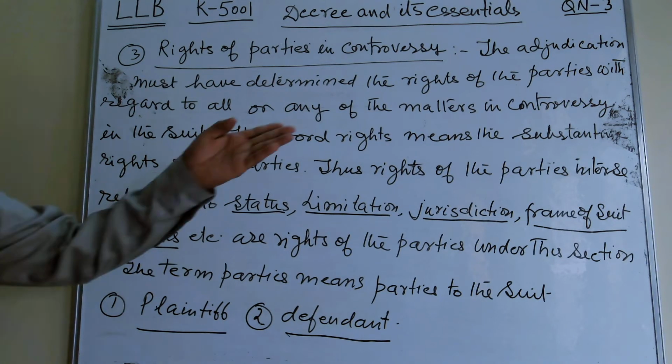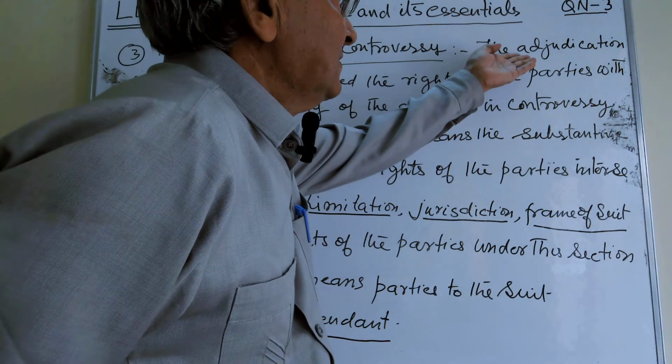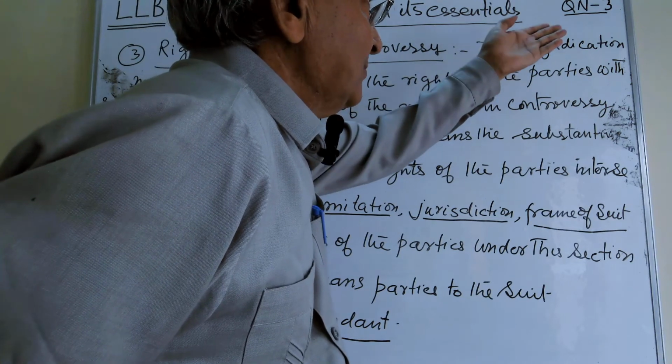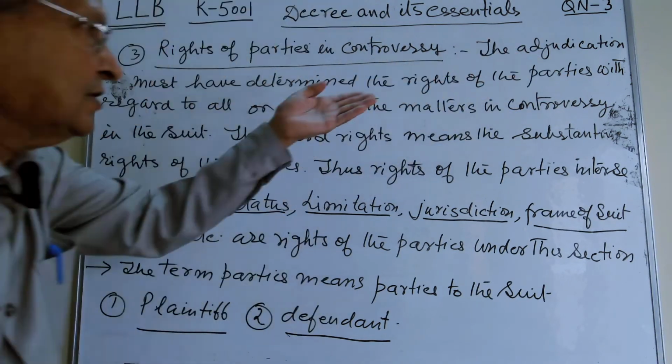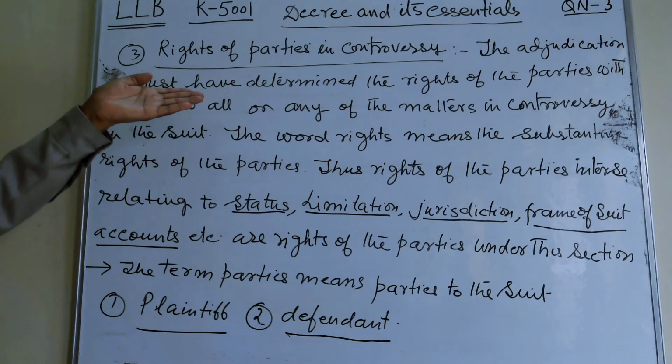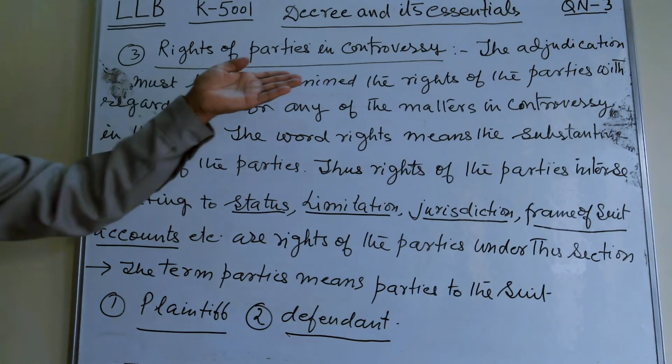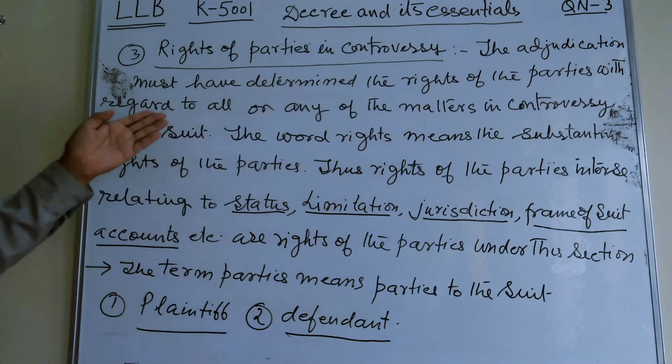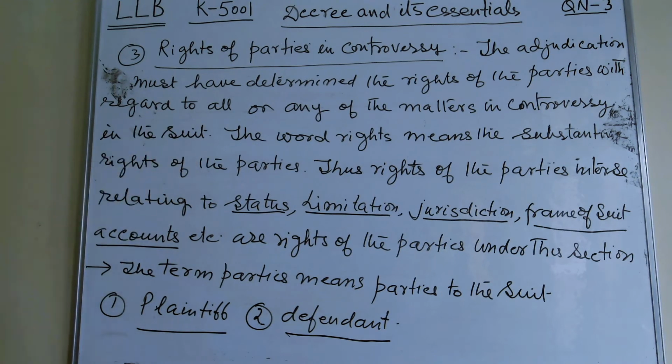This is the condition in the adjudication. The adjudication must have determined what? The rights of the parties with regard to all or any of the matter in controversy in the suit.